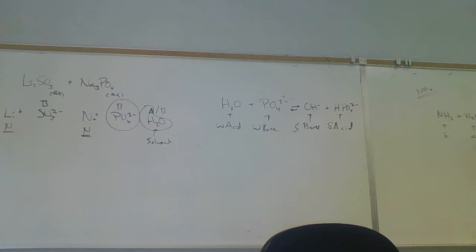And so we compare the two acids, water versus ammonium. So here's water, here's ammonium. Which one's the stronger acid, water or ammonium? Ammonium is a stronger acid. Water is a weaker acid than ammonium.